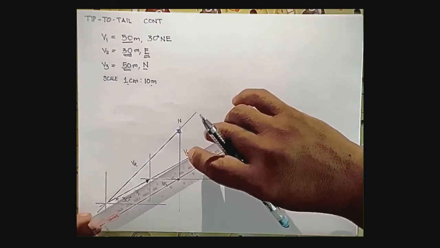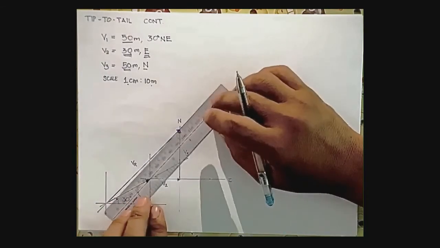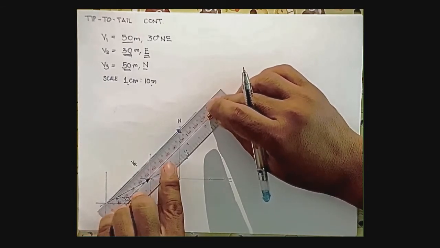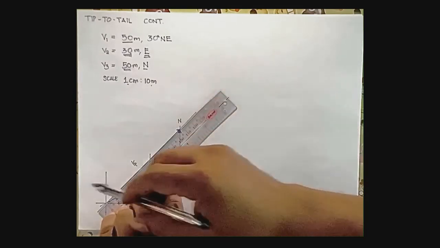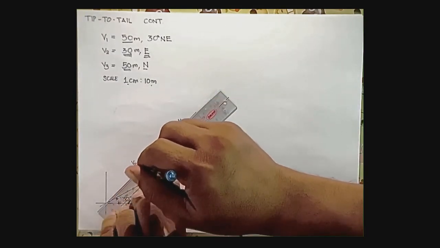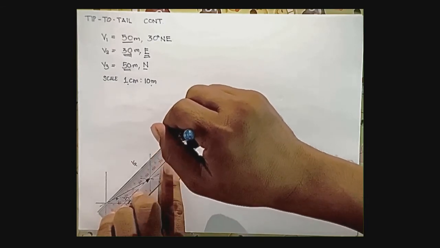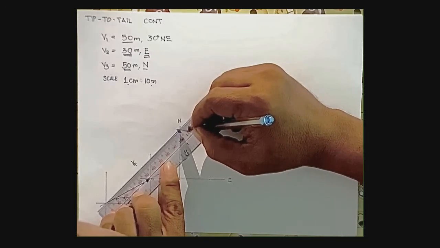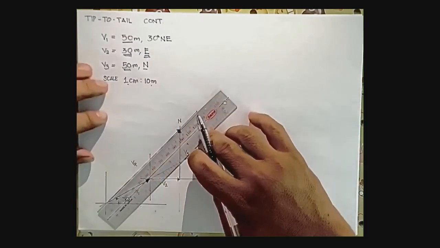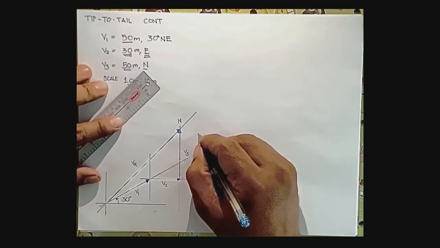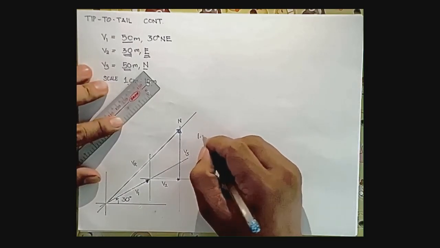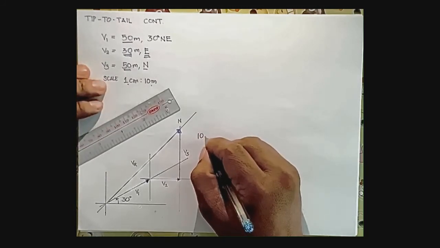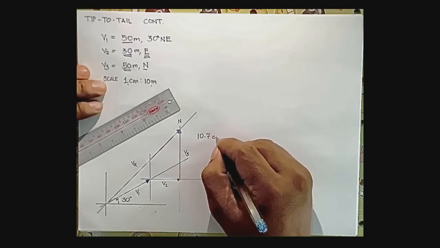Okay. So now we will measure the dimension of V sub r. So let us count 8, 9, 10. But there is more than 10, so 6, 7. So that is 10.7 centimeters.